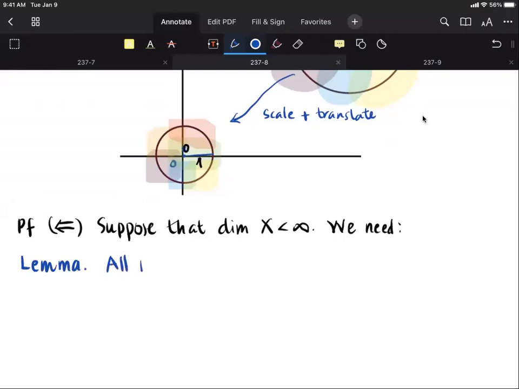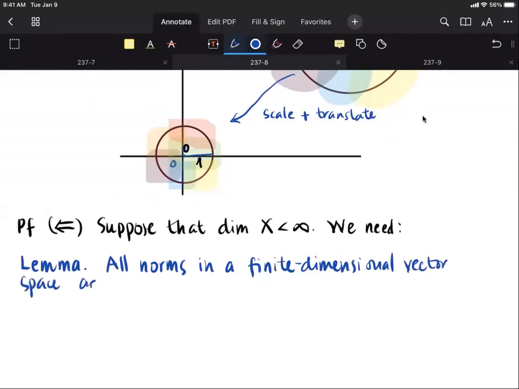So all norms in a finite dimensional space are equivalent.